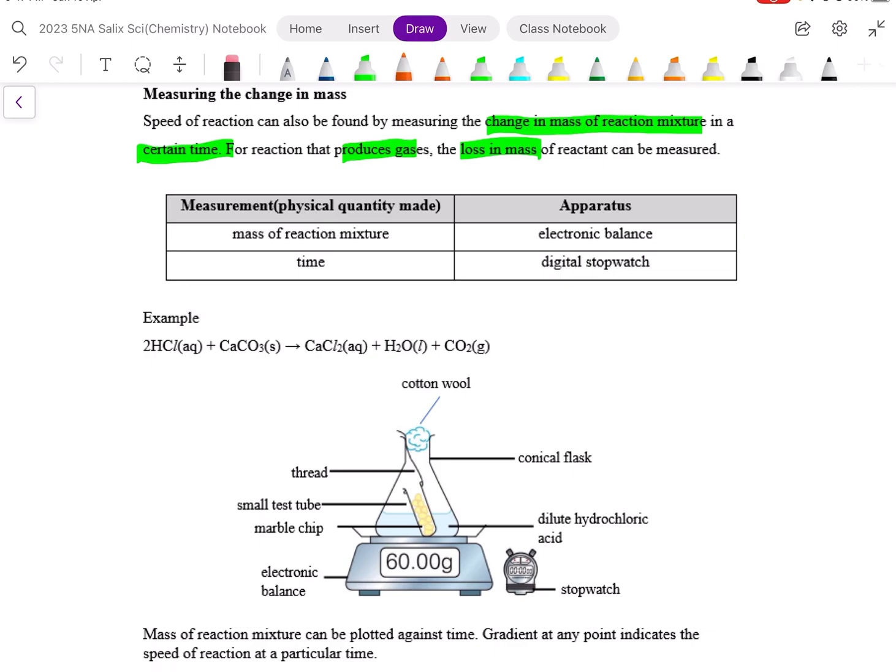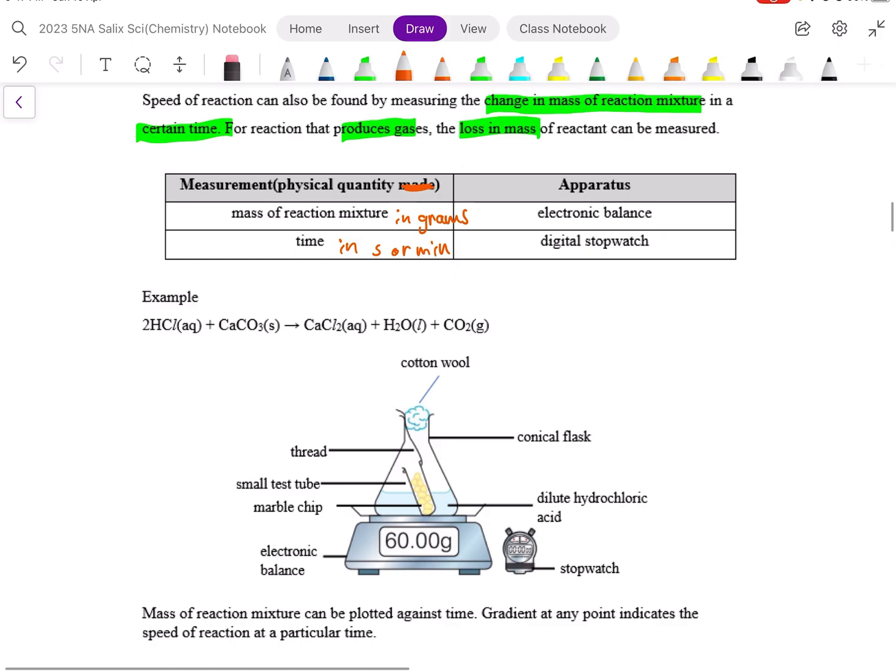The physical quantities that you're going to measure: firstly, the mass of the reaction mixture, normally in grams, done using an electronic balance. Then the time, in either seconds or minutes, using a digital stopwatch.